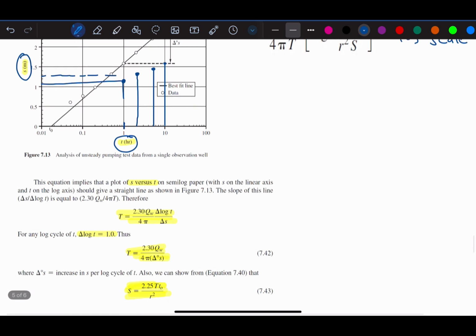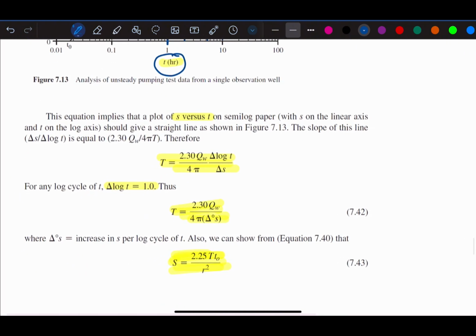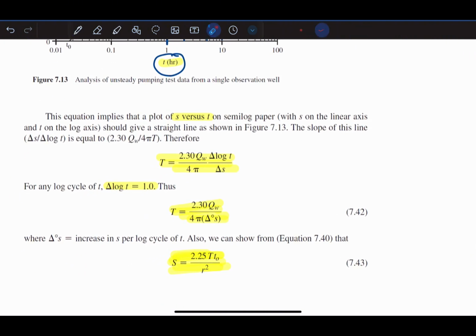So let's try to find transmissivity at the beginning, using this equation.